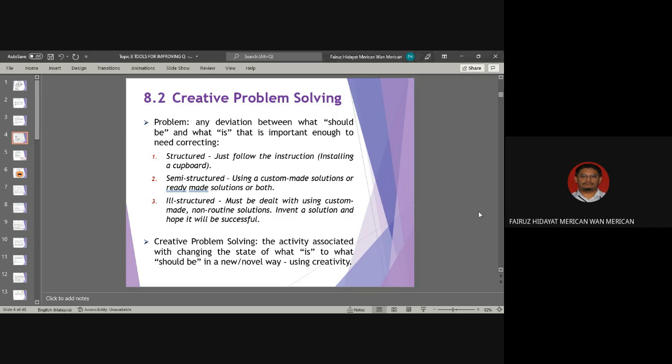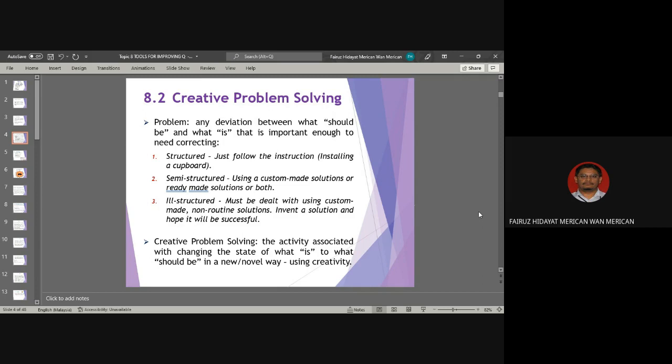They have a target, a goal in terms of what the product should be once it has been manufactured. The what is refers to the actual product when it has been manufactured. A problem is when the actual product deviates, is different from what they had targeted. So this is a problem for a company that is producing that product.